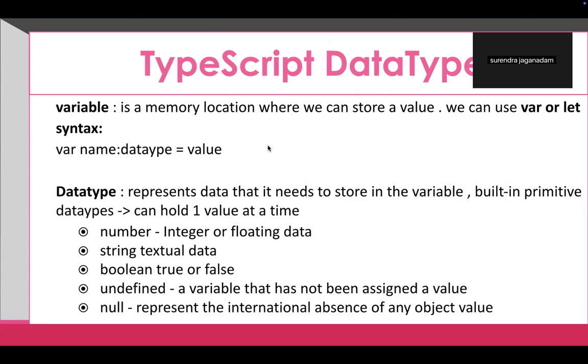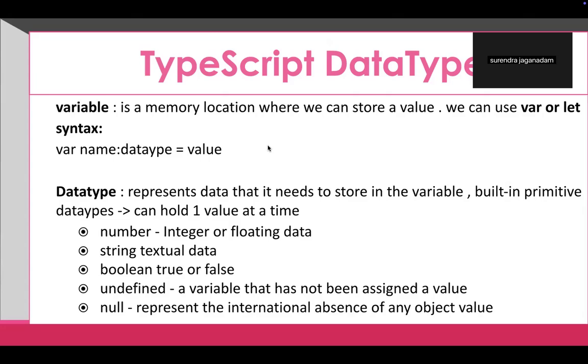So we are just calling that particular name, but internally, as we are calling that name, the value associated with that name would be retrieved. So, which itself is a variable. A variable is a memory location where we can store some value, and whenever it is required, you are going to call back that particular variable.